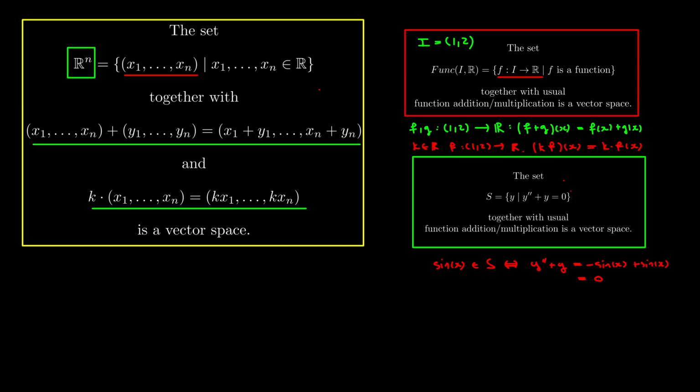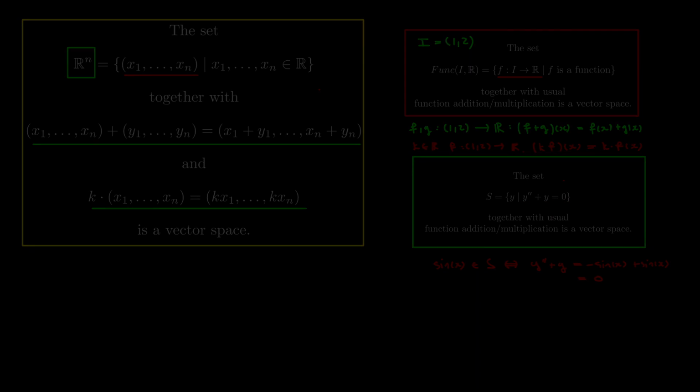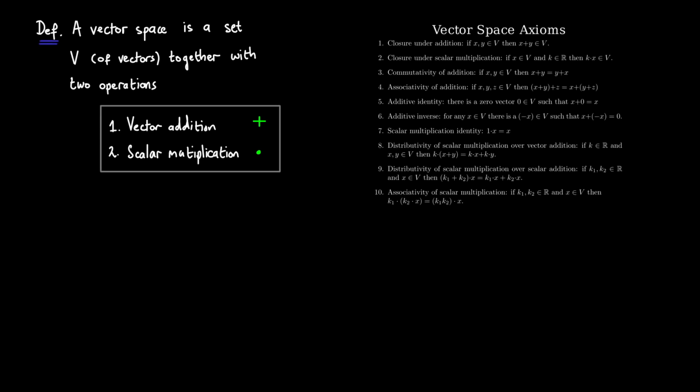Okay, so let's take a look at the general definition of a vector space. That's going to be given here. What we saw in the previous examples is that a vector space always consists of a set, a well-defined collection of things which we call vectors.